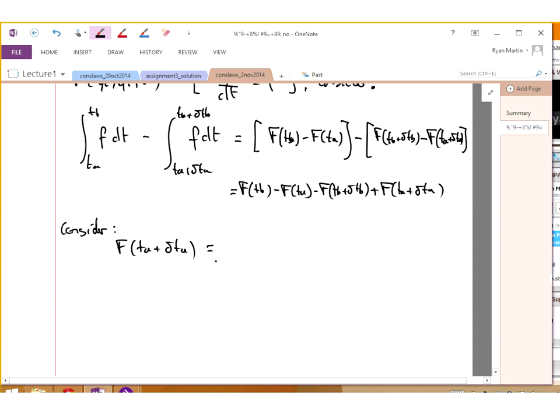Let me just write it out very explicitly: F evaluated at Ta plus delta Ta means that I have to evaluate F, which depends on Qi evaluated at Ta plus delta Ta, Qi dot at Ta plus delta Ta, and T at Ta plus delta Ta.